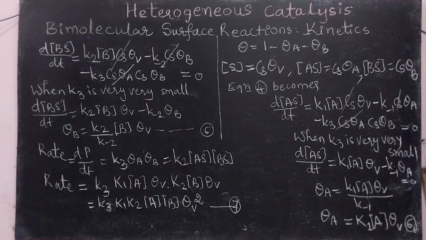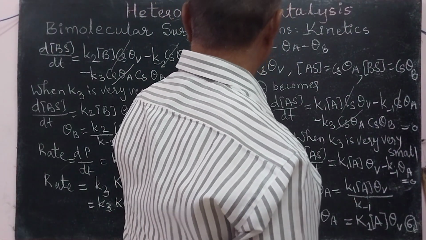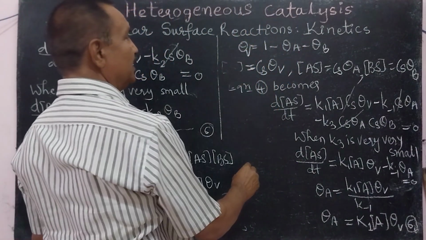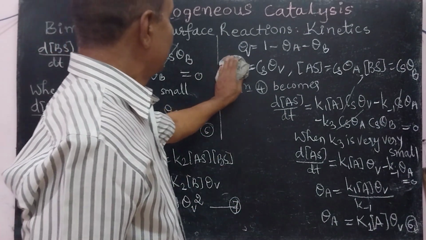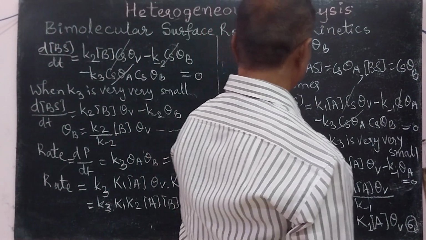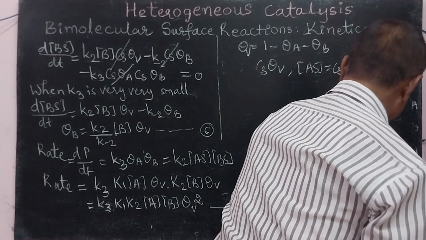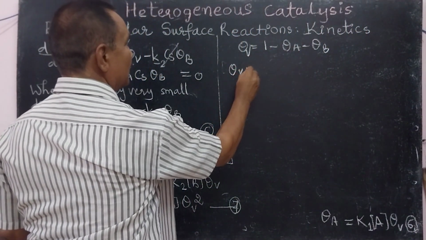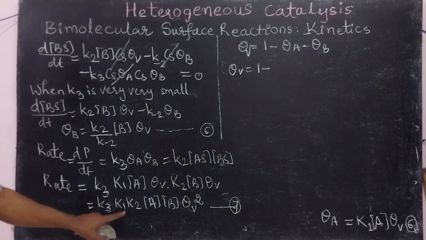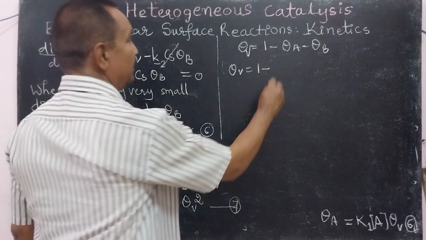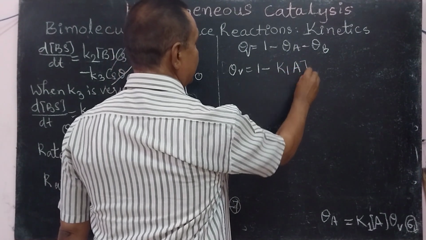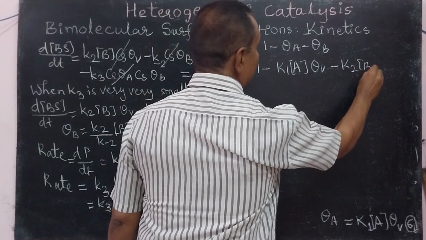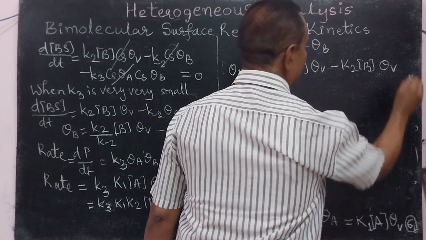Now we can substitute here theta phi equal to 1 minus theta A, theta B. Theta V equal to 1 minus theta A, theta B. Okay, theta V equal to 1 minus theta A, means K1 A into theta V. Theta B means K2 B into theta phi.